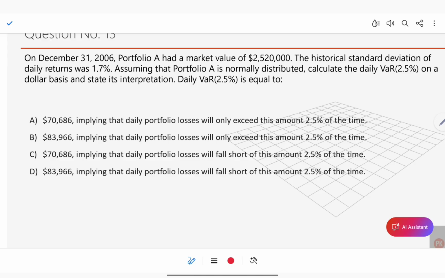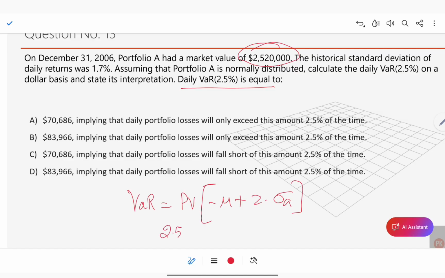Okay, you calculate the VAR. Use the formula: the portfolio value times minus mu plus z times sigma, the volatility. You have the market value, you place it here. They have given a daily standard deviation of 1.7, and this corresponds to 97.5%, so the z value will be 1.96.